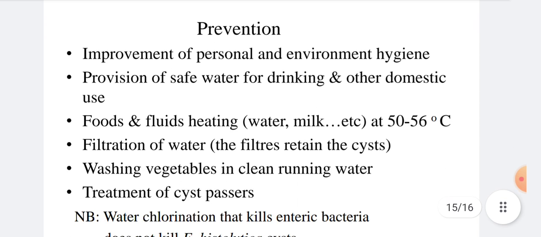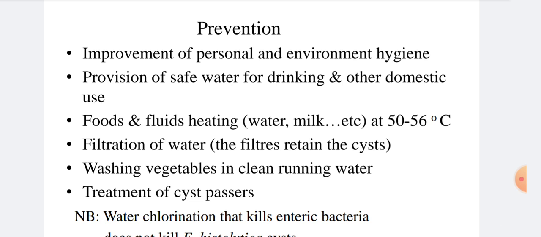Prevention for the whole amoebiasis. Improvement of personal and environmental hygiene, provision of safe water for drinking and other domestic use, foods and fluids heating at a temperature 50 to 56 degrees Celsius. The fluids may be water, milk, and others.